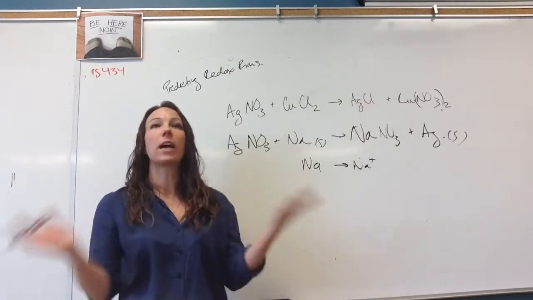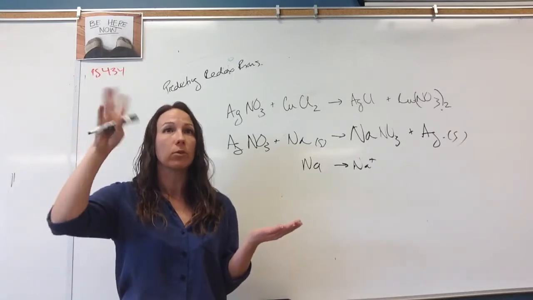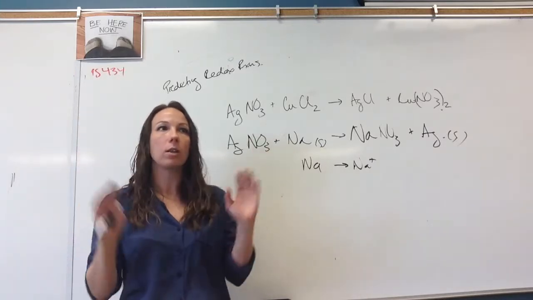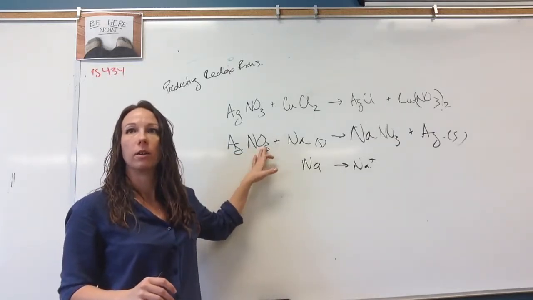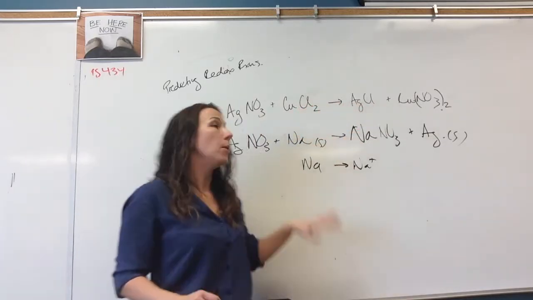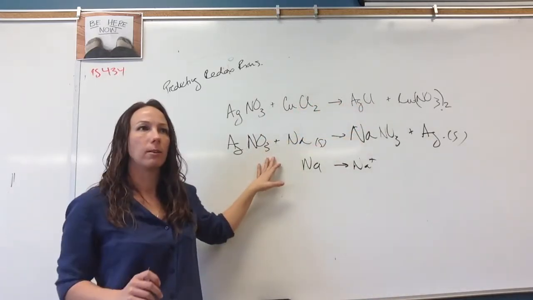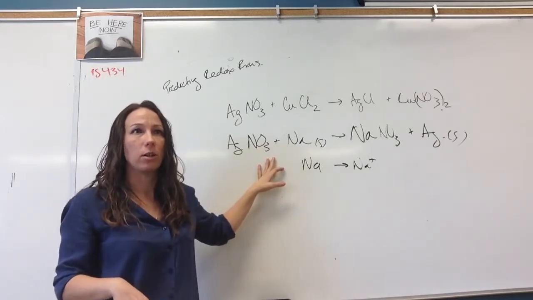You don't even have to think about what it's done with the electrons. You just have to know if it's changed its charge, it must have played with those electrons, which means one of them is GER and one of them is LEO. So it means redox reaction. You can do all the oxidation numbers, and you might if it's a tricky one, but if you can see it like this, just use it. It wastes time doing all that. That's a lot of work, all those oxidation numbers.